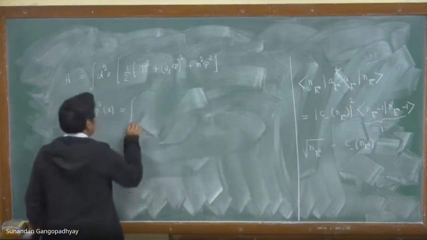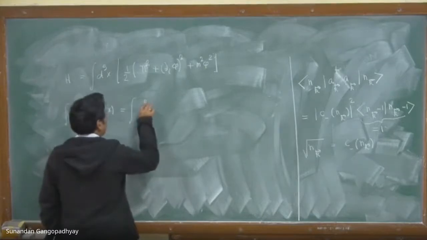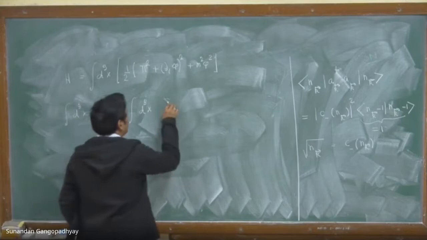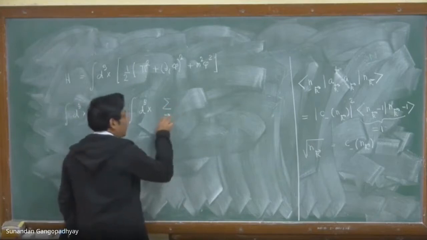So if you do that, in the integral d cubed x of phi square x, for one of the phi's you have a summation over k.